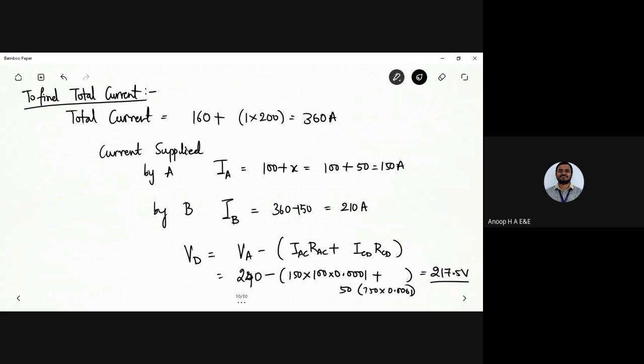And I can generally take that value. Got it? So this is how I get the value of the current supplied by A and by B, and this is VD.